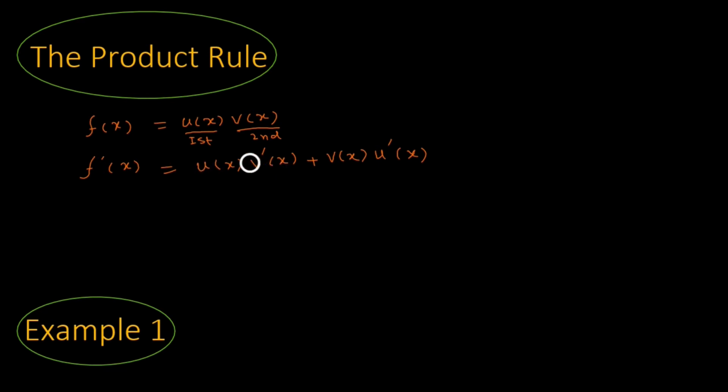But remember that we apply the product rule when there are two functions, u of x and v of x. So let me take an example where we apply the product rule.